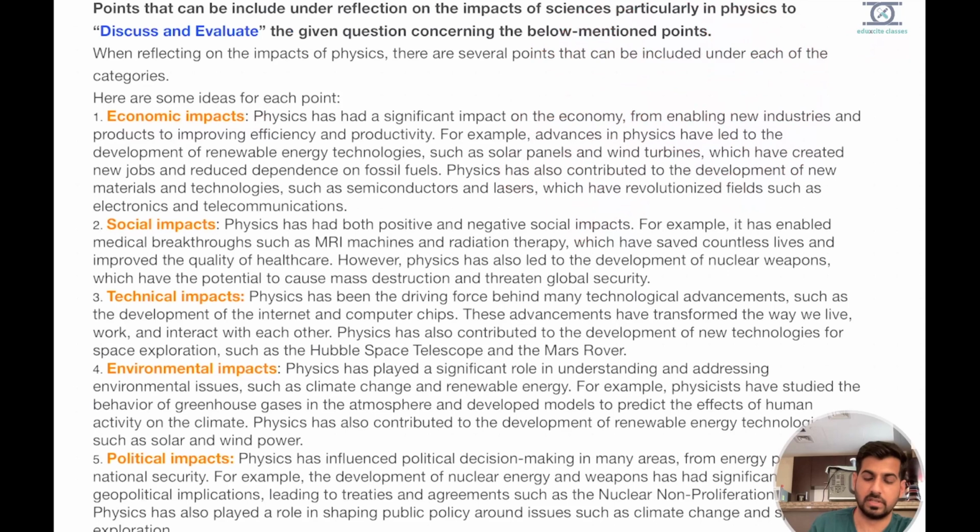So for example, advances in physics have led to the development of renewable energy technologies such as solar panels and wind turbines. These have created new jobs and reduced the dependence on fossil fuels. From a nation's point of view, if I advance my technology on renewable energy, that will create new jobs.